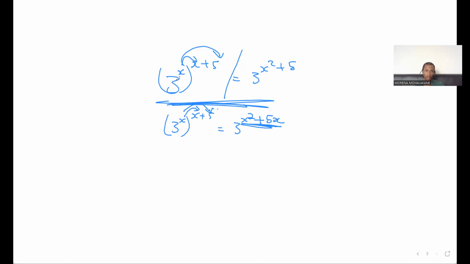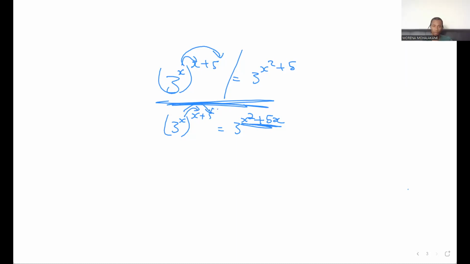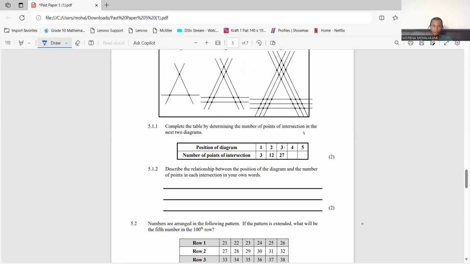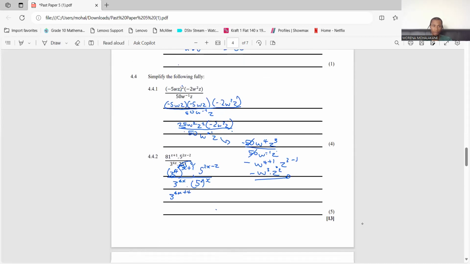Now, getting to the next question. I think it's the same question. So you have 5 exponent 2x minus 2 all over 3 exponent 4x times 5 exponent 2x.